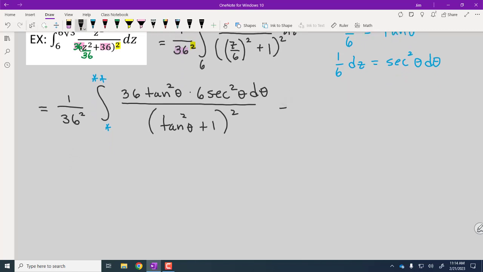And it looks like we have some simplification over here too. We are going to end up with out front, looks like one factor of 36 is going to go away here. And then we have a 6 over 36, so that'll reduce to 1 over 6.